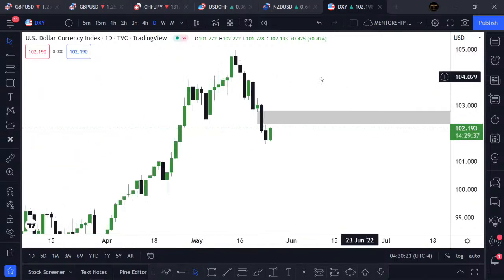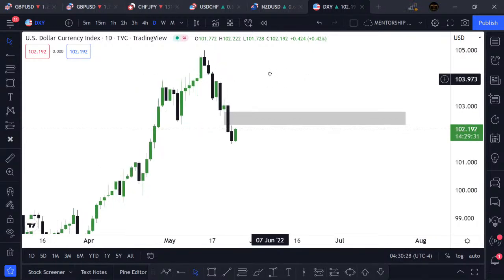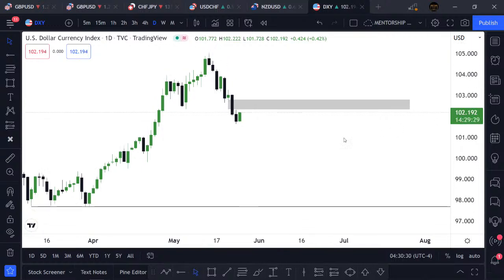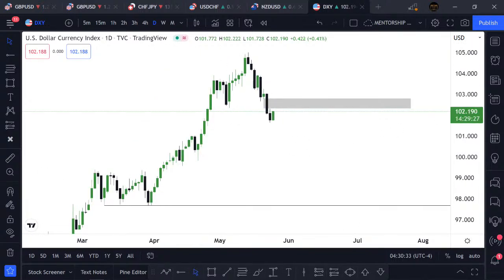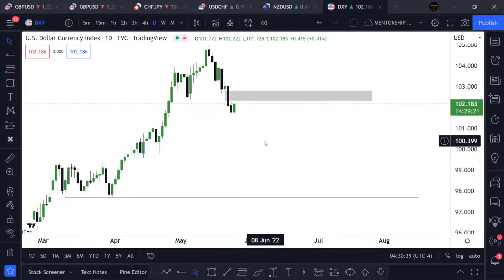So after this analysis, look for the foreign currencies like the Swiss franc, the Canadian dollar, Japanese yen.